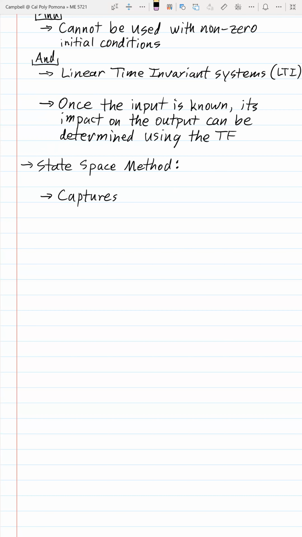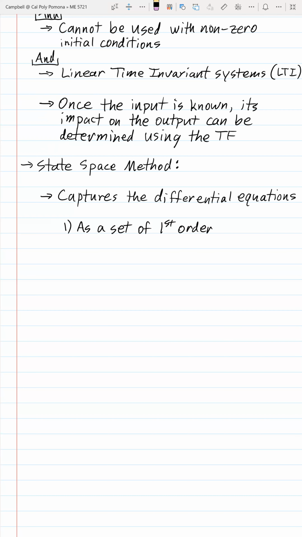It captures the differential equations as a set of first order differential equations. Here, I'll go back to diffeqs.